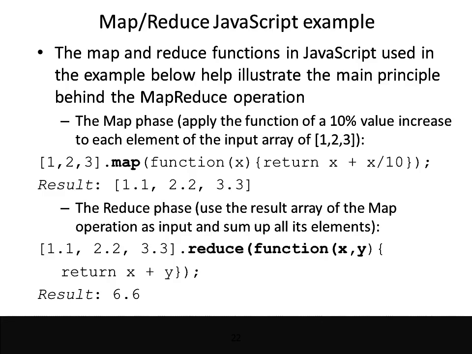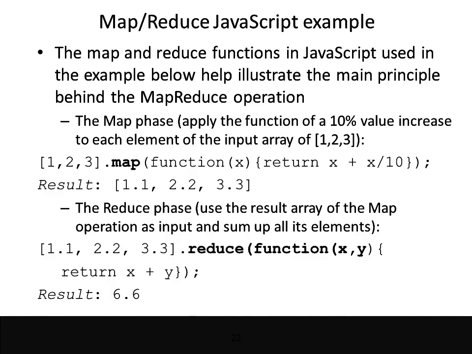And we can illustrate this in more of a programming sense by looking at a JavaScript example. Now, this comes from some JavaScript that's used in a demonstration to illustrate the operations that are happening in MapReduce. So we have this abstract map function and a reduce function.